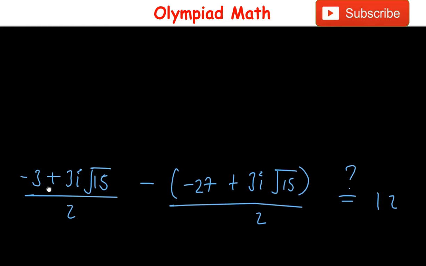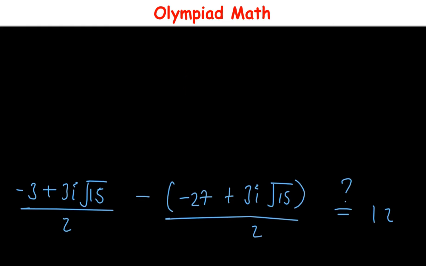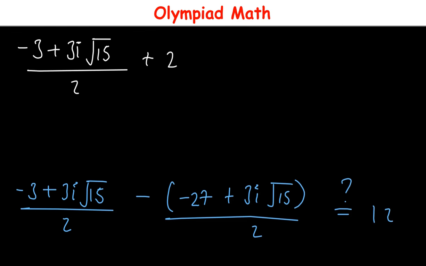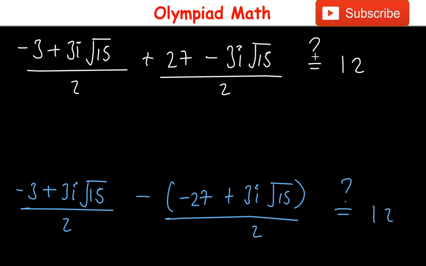So from here, we multiply the bracket. We are then going to have minus 3 plus 3i times square root of 15 divided by 2. Minus times minus is plus 27. Minus times plus is minus 3i root 15 divided by 2, and with this equal 12 question mark.